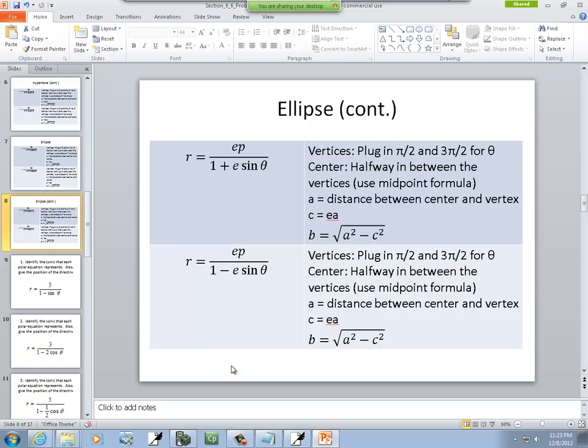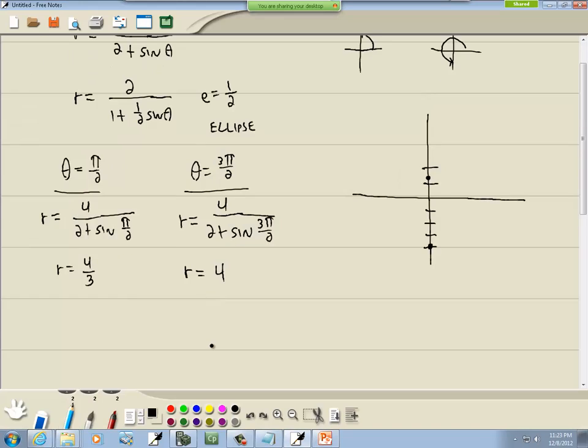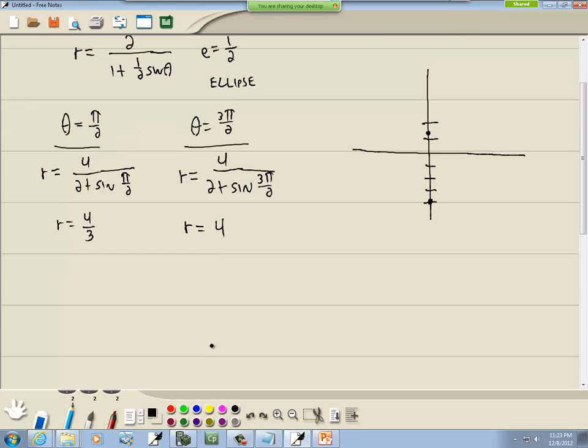Next thing, find the center. Halfway in between vertices. So let's find that. And again, you have to kind of imagine this instead of in this form. Think of it in terms of like a true x and y axis setup. So this up here would be a positive 4/3. This down here would be a negative 4.